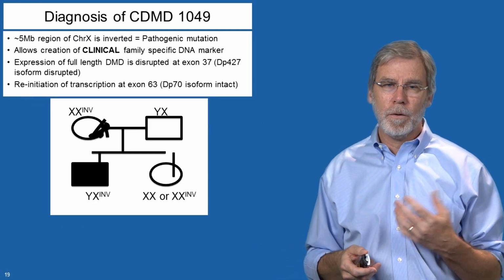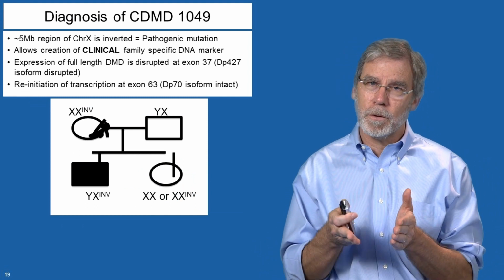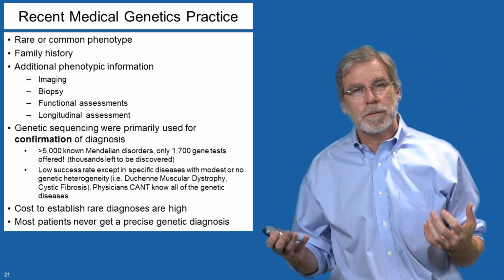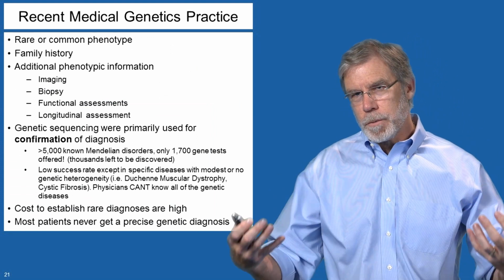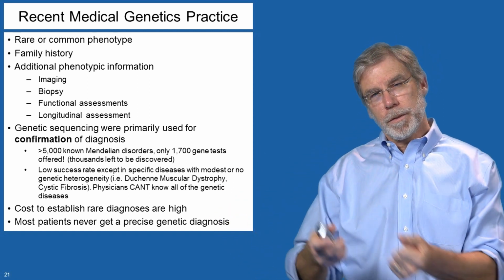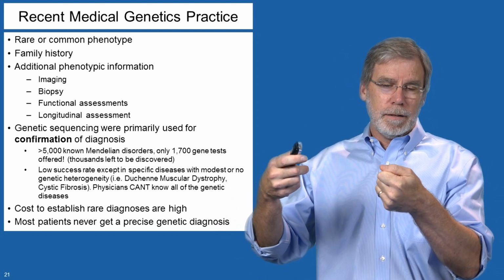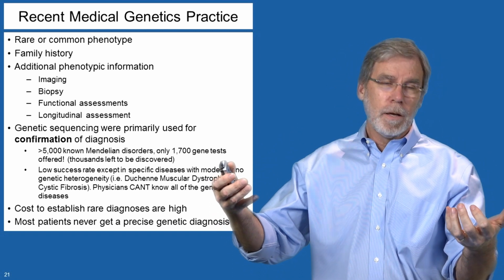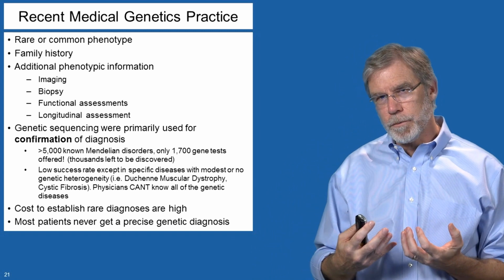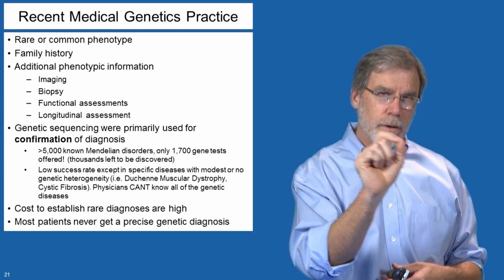So we can do this now over and over again to try to resolve these sorts of cases where we don't come up with an appropriate, full, clear molecular diagnostic. What I'll summarize here at the end is, if you think about what we're doing for Duchenne muscular dystrophy, or the very complex limb-girdle muscular dystrophies, or the specific instance of the congenital muscular dystrophies due to alpha-dystroglycanopathies, which have now a dozen different forms, it becomes very quickly apparent that we won't necessarily move forward in a way where we would identify that somebody has an alpha-dystroglycanopathy and then go about saying, is it one of these 12 different genes?